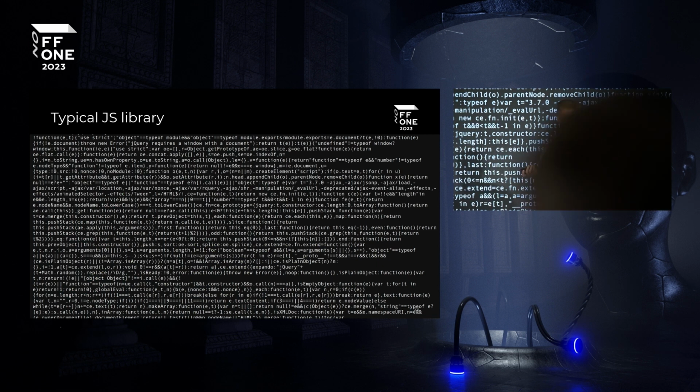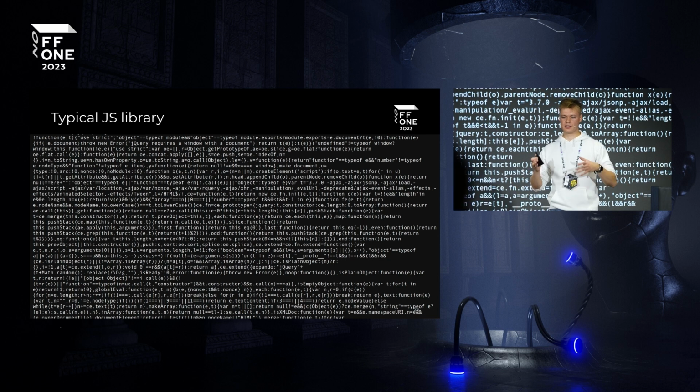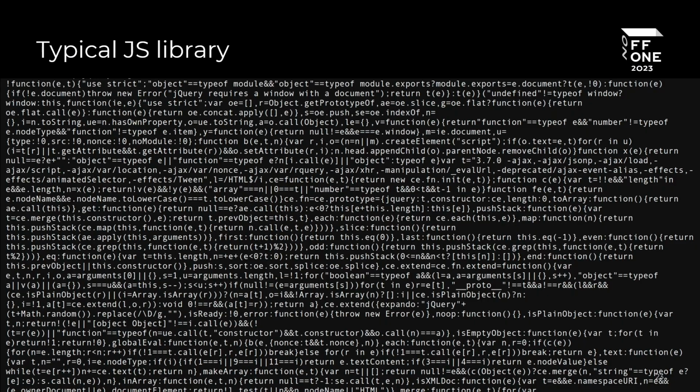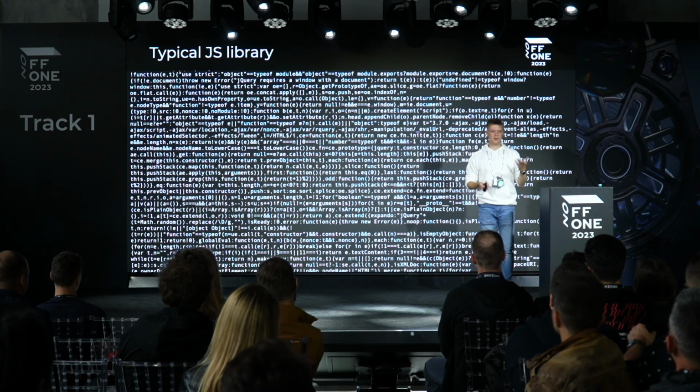Over here you can see why we collect all the links, all the libraries, all JS from the whole website, and after that we need to analyze it. And here you can see the main problem, why JS analysis is long and boring, and not everyone is patient enough. Because an average JS-based library looks like this.